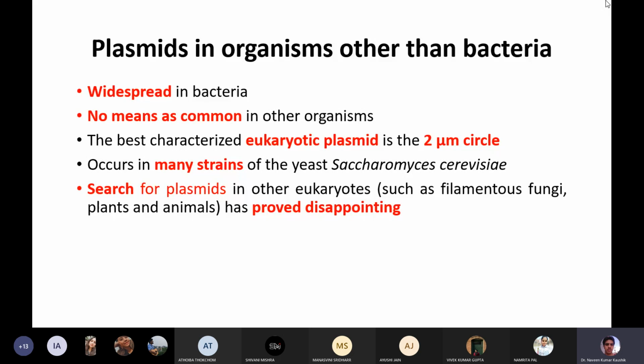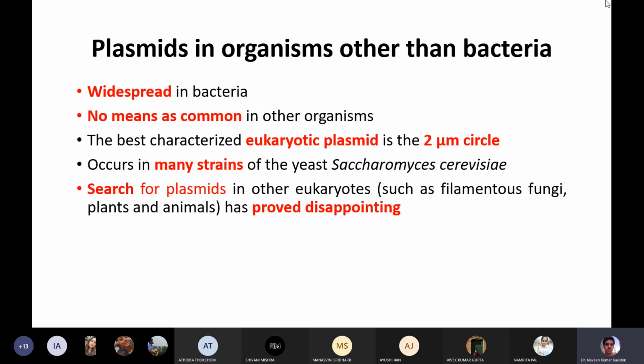We know that one property of a plasmid is that it has an origin of replication, but the plasmid origin of replication of bacteria is not going to work in eukaryotic cells. So you need a eukaryotic type of replication, and for that the 2 micron circle is very helpful. You can say these 2 micron circles are plasmids of eukaryotes, simply yeast or fungi.